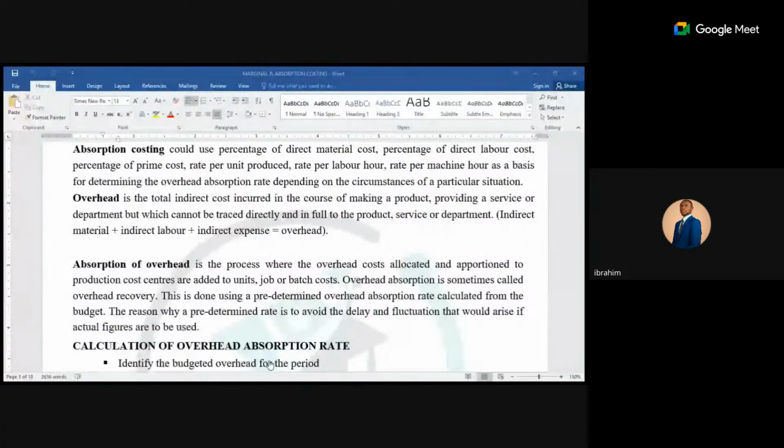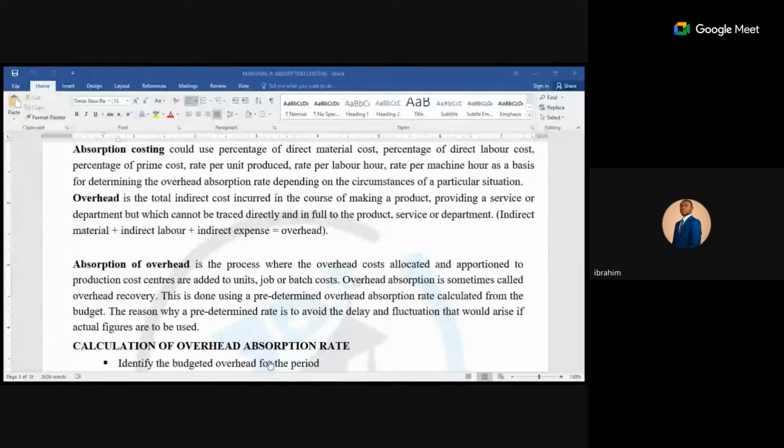Overhead can be absorbed on different bases: machine hours, units produced, percentage of prime cost, or labor hours, depending. Now, the question is, what is absorption of overhead? Absorption of overhead is the process.